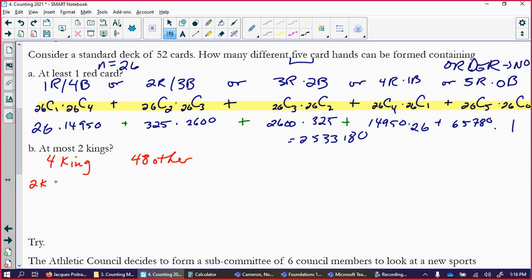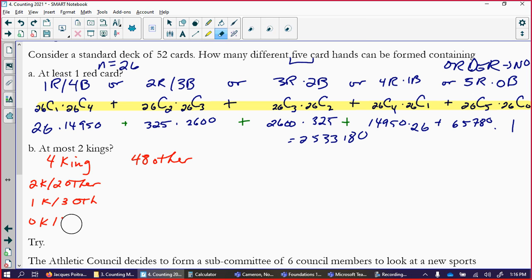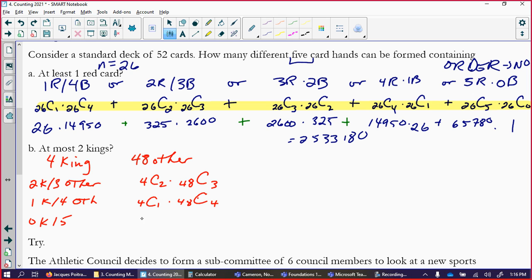So we can have 2 kings and 3 other, 1 king and 4 other, or 0 kings. 5 card hands. 2 kings is 4C2, 3 others is 48C3. 1 king is 4C1 times 48C4. 0 kings is 48C5.